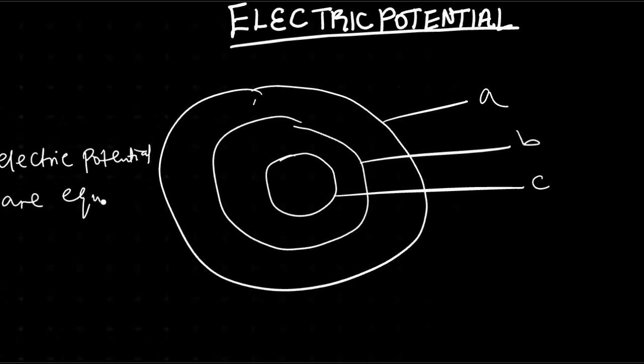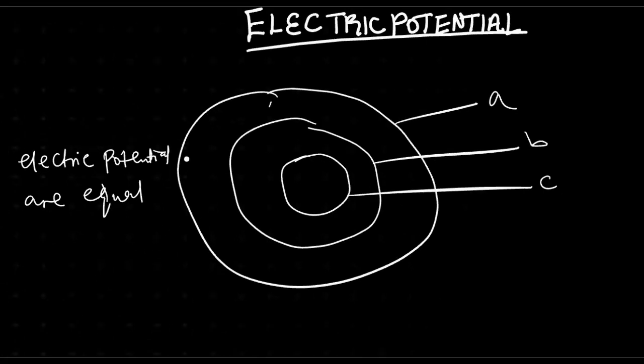So if they are equal, what will happen? There will be no work done. Are you getting it now? So if a charge moves from this point to this point, since they are equal, let's say VA minus VB, what will happen? 0.